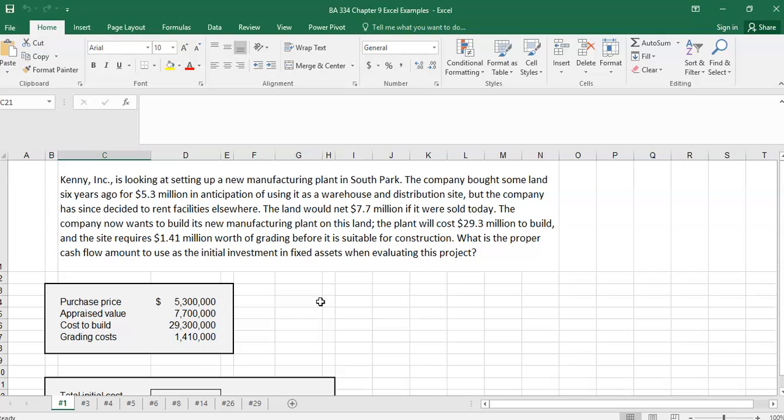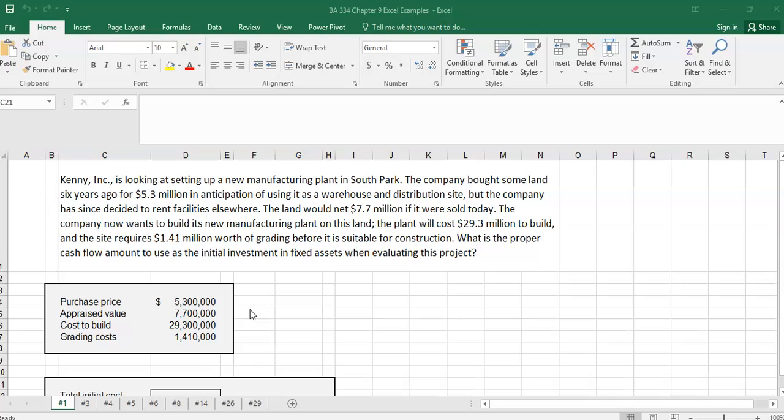And so what is the proper cash flow amount to use as the initial investment in fixed assets when we're evaluating this project? So let's look at each one of these step by step. The purchase price. The purchase price happened 6 years ago. That is money we have already spent and we can't get back.